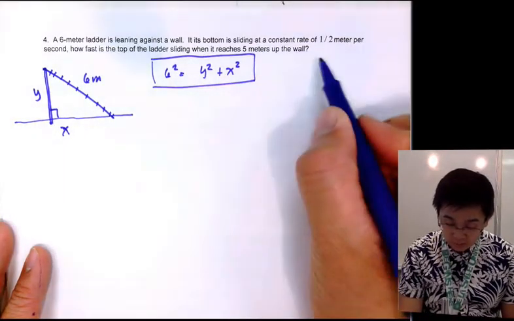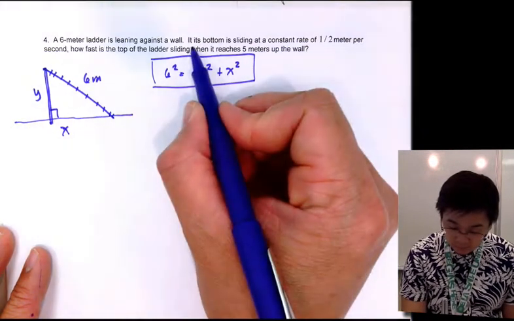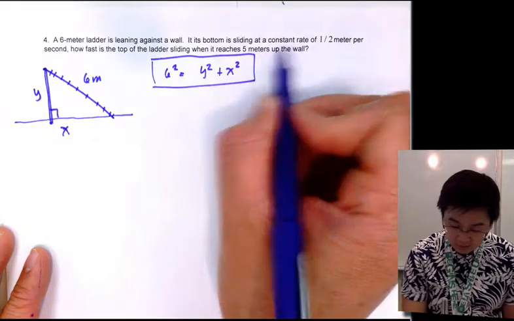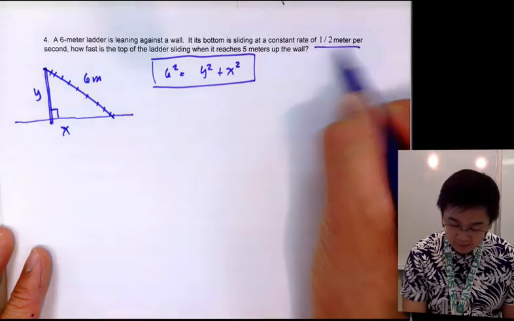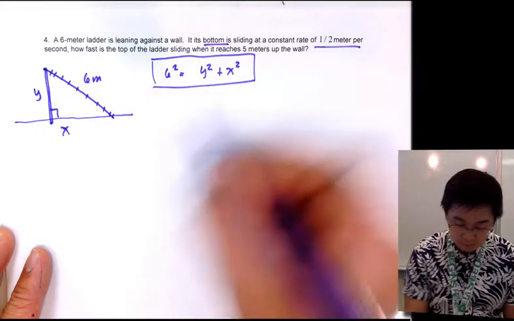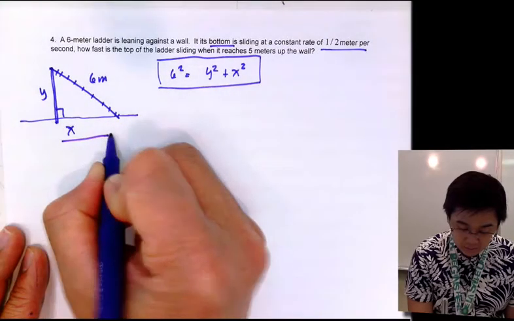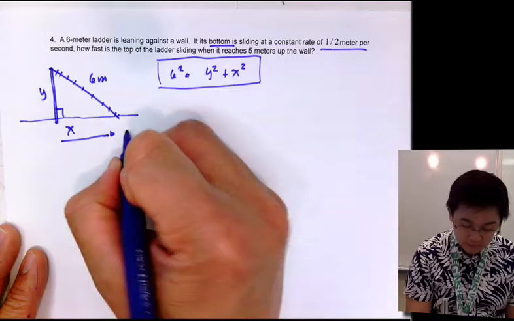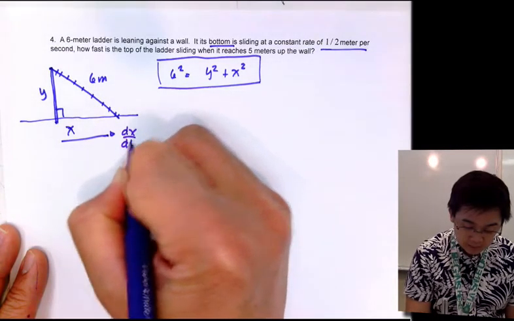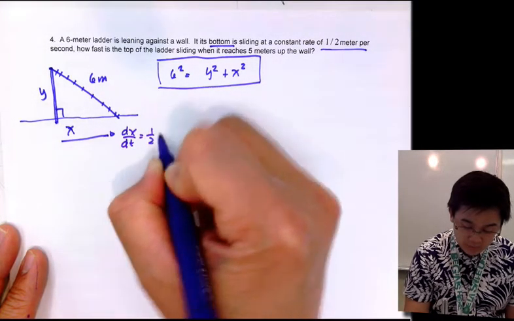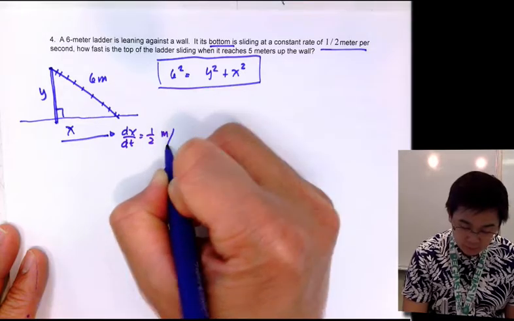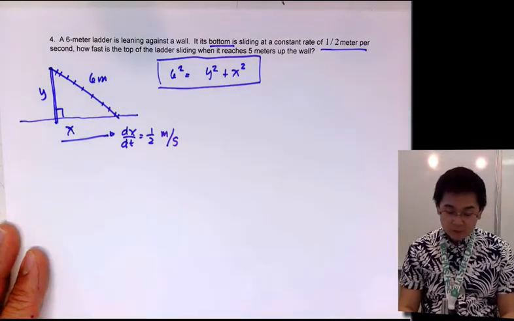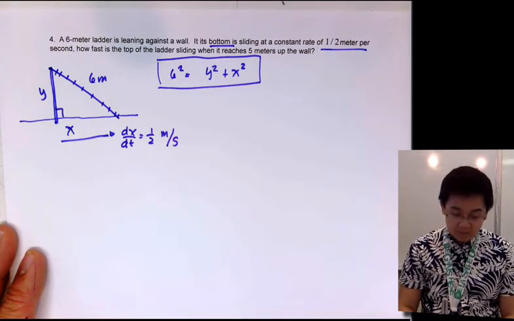Now, to continue working on the problem, if its bottom is sliding at a constant rate of 1/2 meter per second, so this one is the rate of change of the distance of the bottom of the ladder. So this will be dx over dt, which is 1/2 meter per second. How fast is the top of the ladder sliding?